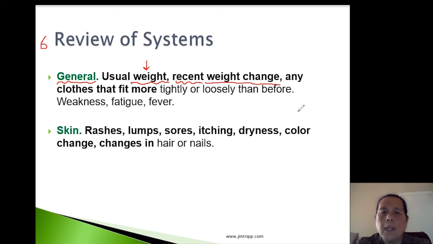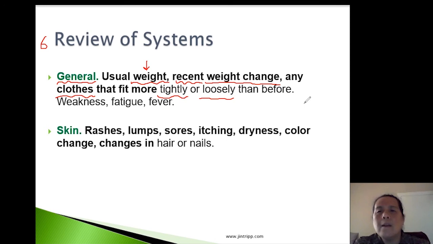Some people lose weight pretty fast, like cancer patients. Sometimes a patient says, I didn't weigh myself, but my clothes feel looser than before, or tighter than before. Looser clothes mean the patient is losing weight; tighter clothes mean the patient is gaining weight.